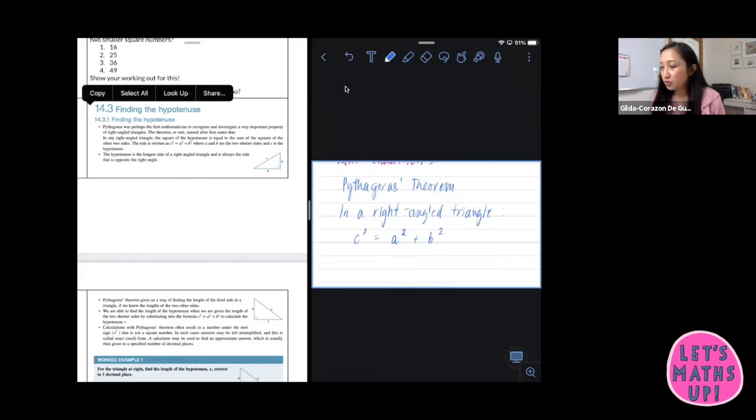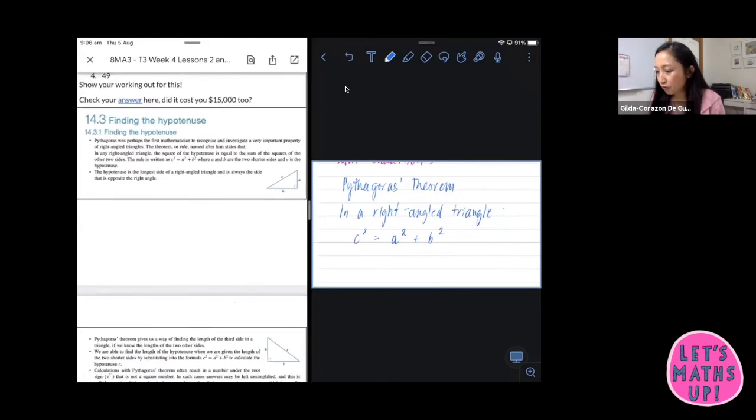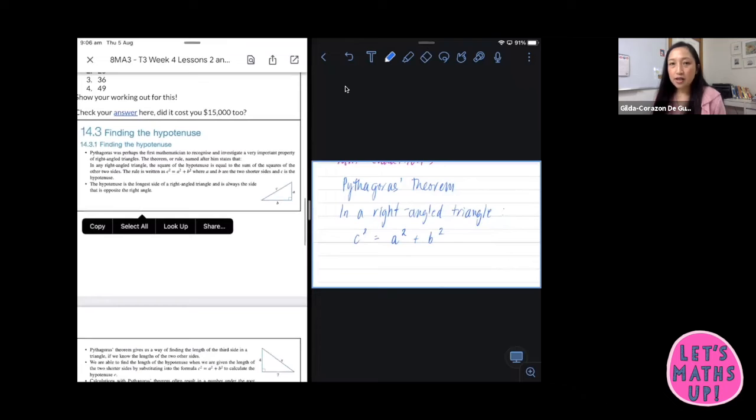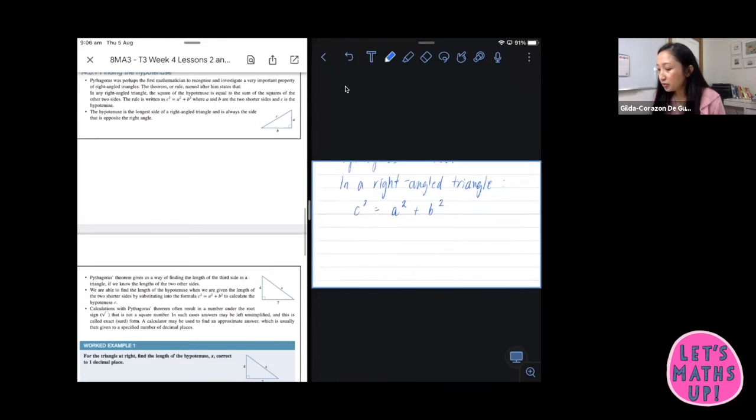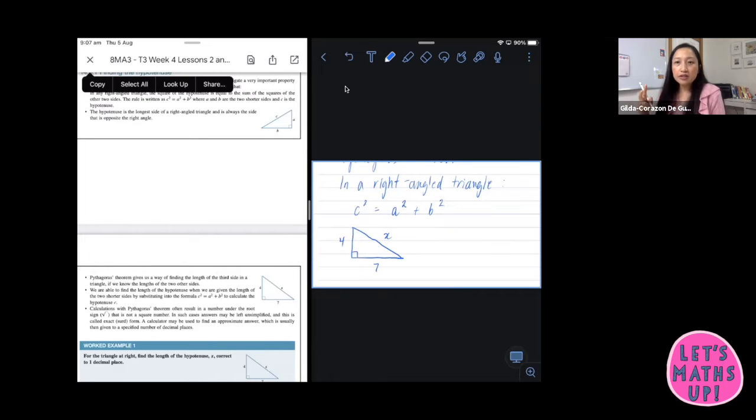Looking at our lesson today, it says finding the hypotenuse, right? We want to find out the value, the unknown x, all right? If you're given the 2 sides and you know that it is a right angle triangle, if you're given the length of the 2 legs or the shorter sides, then you would be able to find the length of the diagonal or the hypotenuse, okay?